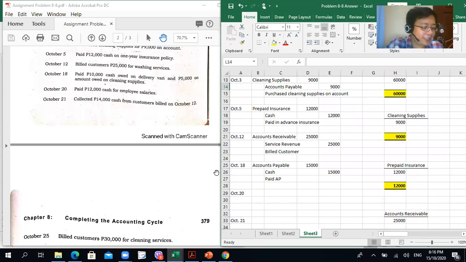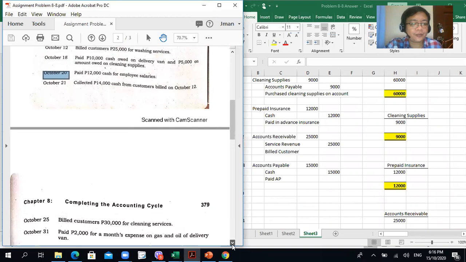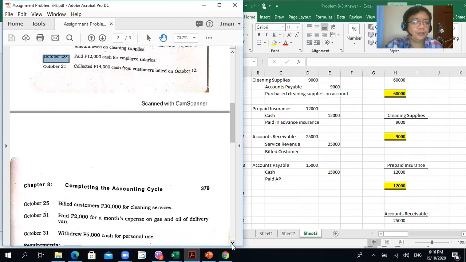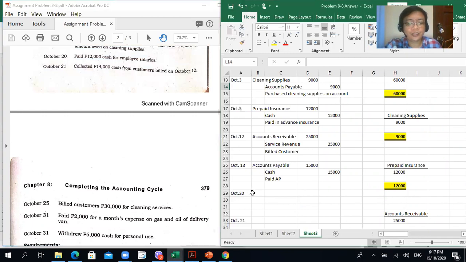October 20. Payday, just right. Paid 12,000 cash for employee salaries. So what is the entry for October 20?